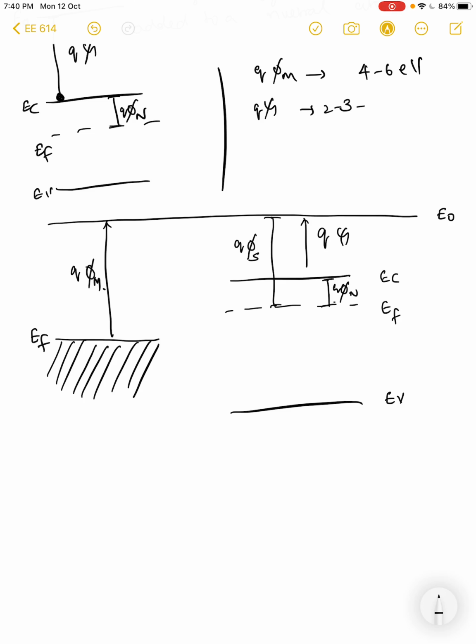So Q times any of these psi, chi are all potentials, and Q times that will give you the energy, right? So now the question is, what happens when I join these two together?